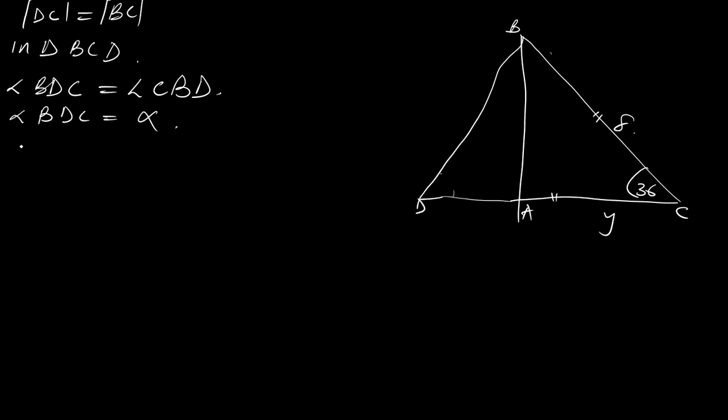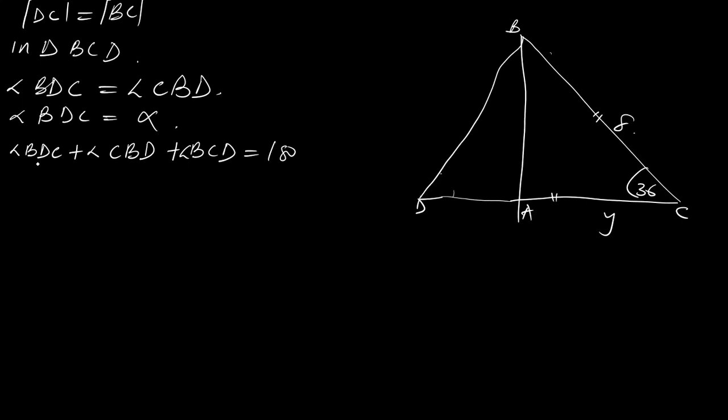employ the rule that the sum of angles in a triangle is 180. So angle BDC plus angle CBD plus angle BCD is equal to what? 180.